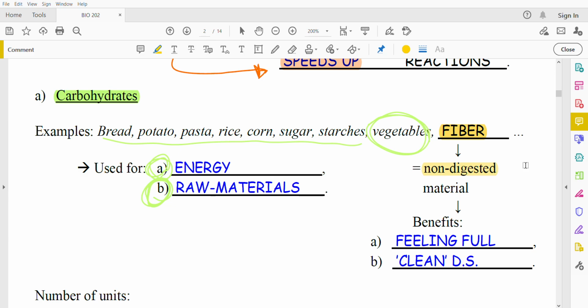It simply passes through. So it's the stuff that is non-digestible that passes through your alimentary canal and comes out from the other end. Why would we then eat something that we can't actually really utilize as such, absorb into our body? Well, there's a few different functions.